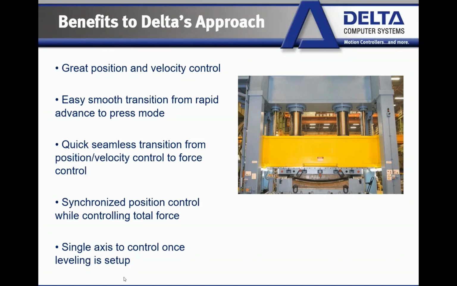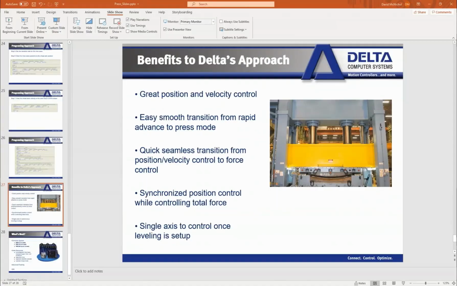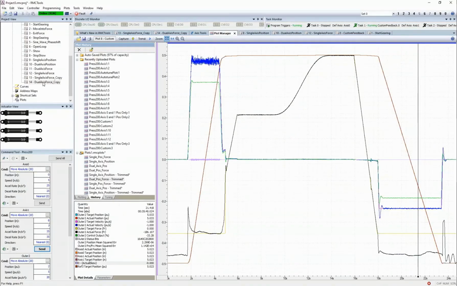So once this leveling is all set up, we're able to control by just sending those commands from a single axis. It's nothing too crazy. All we're doing is sending controls from that single axis. And I want to show you that, guys, just so we can recap.